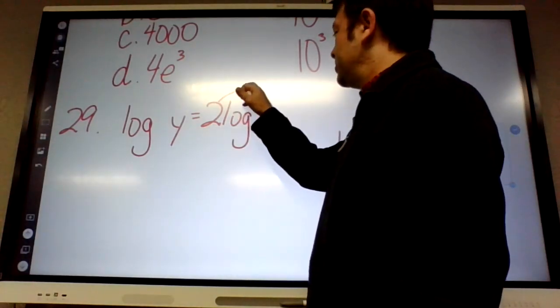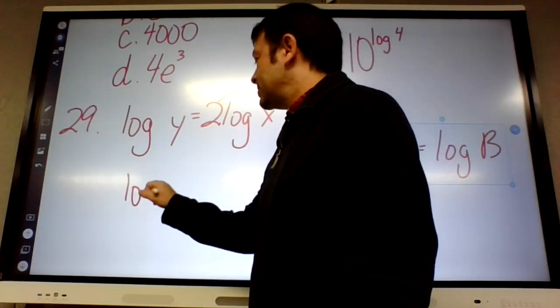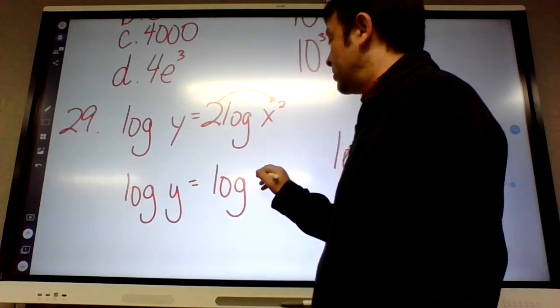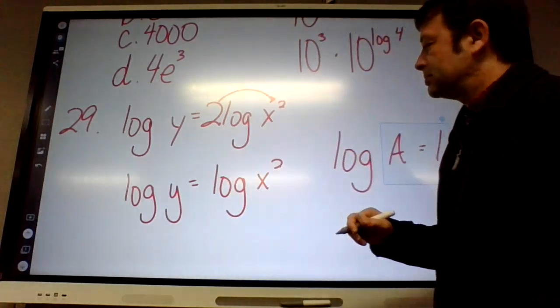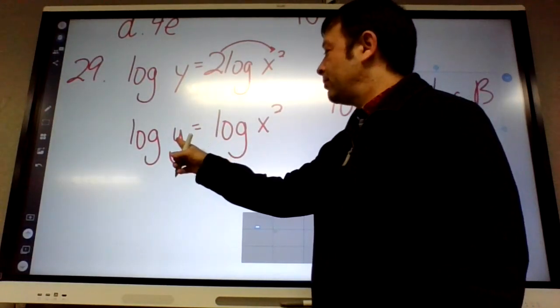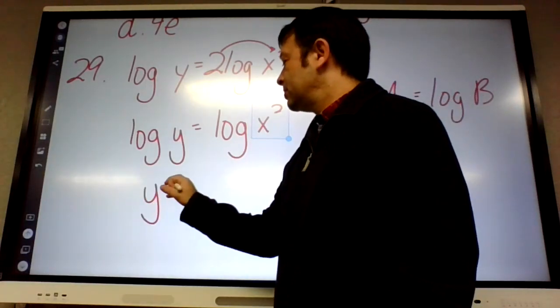So what we're going to do is change these equations so that it just says log of something equals log of something. So log of y would equal log of x squared. Once you get it like that, you just have y would have to equal x squared.